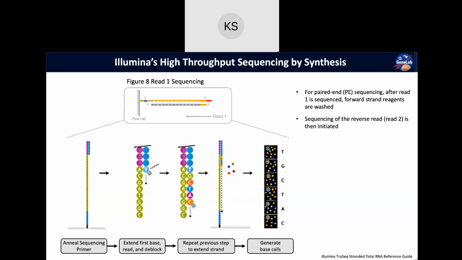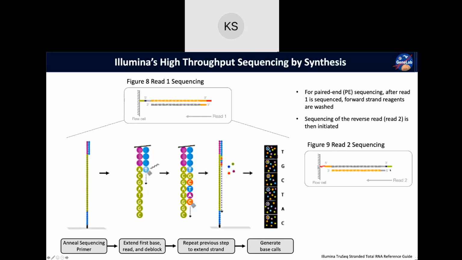And then after that happens, it washes away, and we have these things fold over, complements made, and this gets reversed, and we have read 2 sequencing happening. So this is all washed away, this folds over, we make a copy, and so now we have the part of I5 over here that's attached to the flow cell, and now we sequence in that direction, or in the read 2 direction.